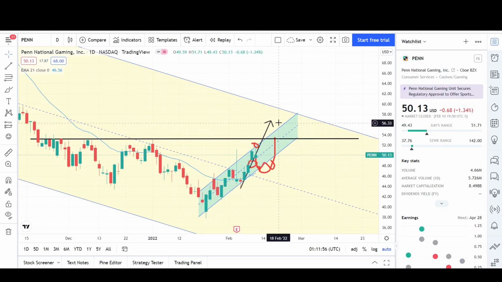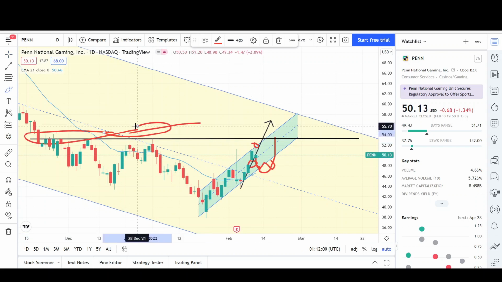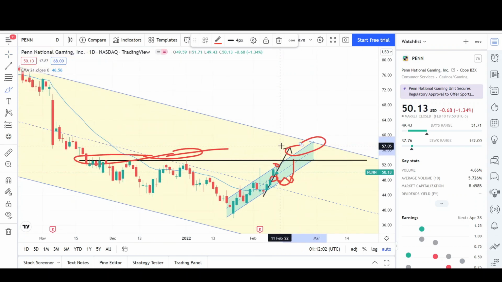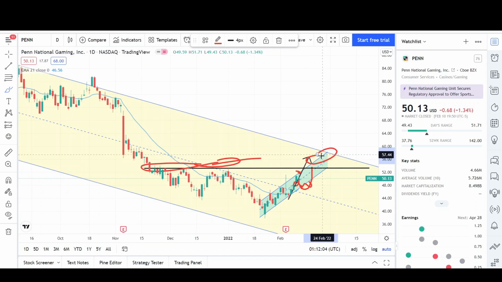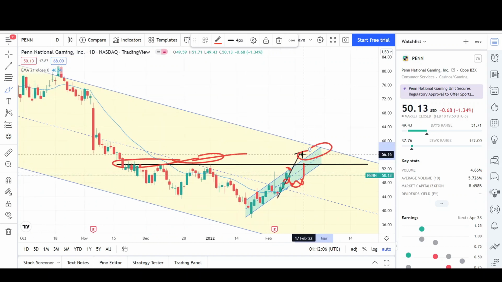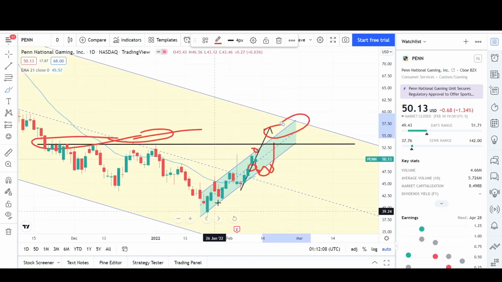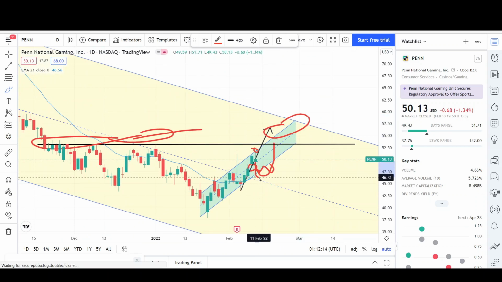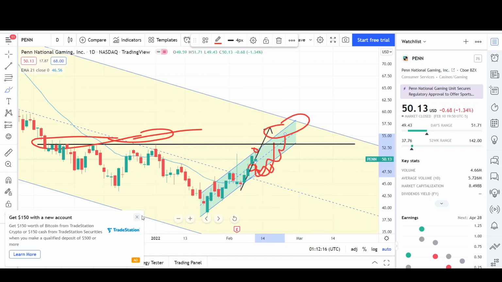I think there's a high probability to maybe stop out all the shorts over here and then reach this target up here. It also does make sense because that's where the yellow channel is and the measured move. So I think this correction is going to continue higher as long as we stay above the EMA. I think we're going to continue higher.